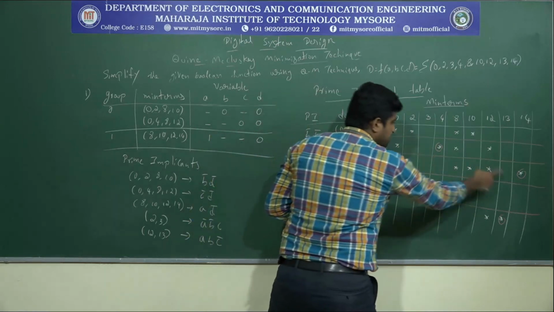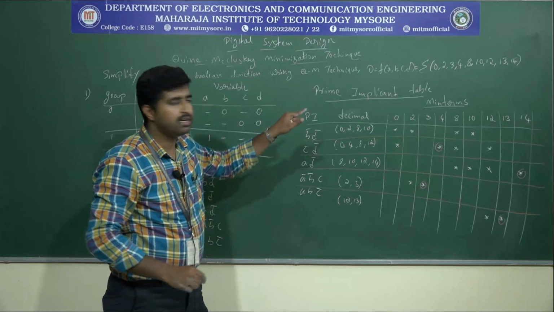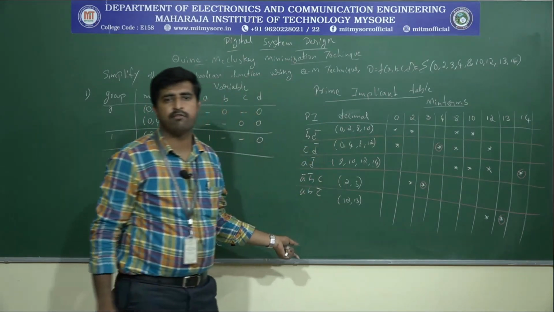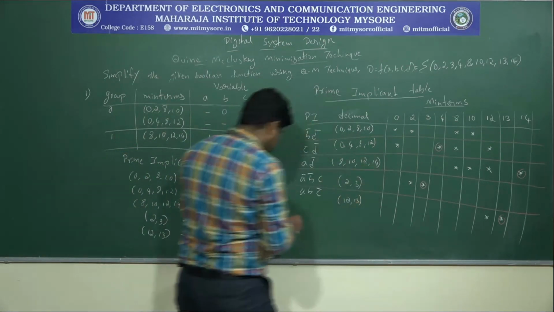So these prime implicants cover all the min terms which are given. That means these essential prime implicants will form the simplified equation. So which are the essential prime implicants?